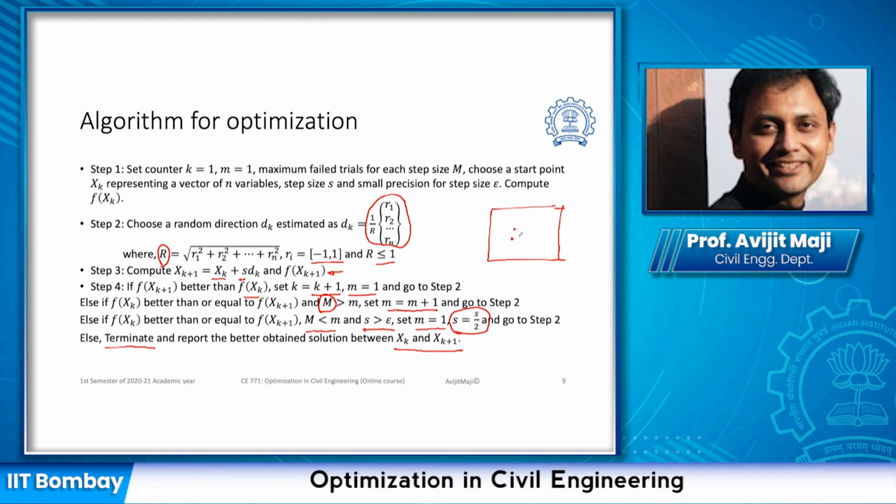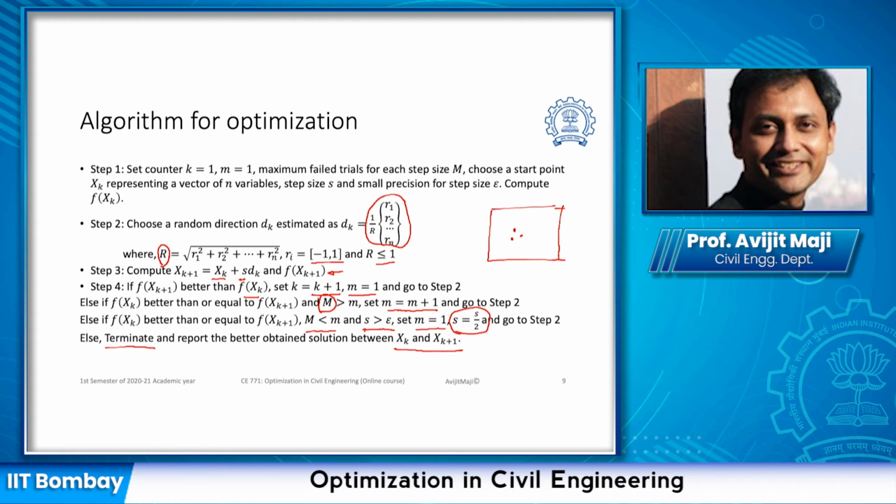If not, we have to take another direction. In some direction, once we find that the objective function value is better, so for this case, let us assume the objective function value was found to be better at this location. So we move from here to here. Then again from here, we look into a random direction with the same step size of this much and try to find out. And in this case, if we find that a point or location here is better, we move to this point.